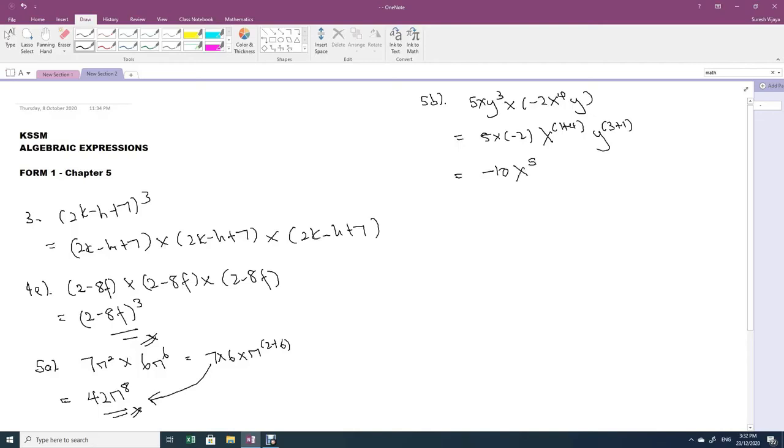Negative 10, x to the power of 5, and y to the power of 4. So this is the answer for 5b.